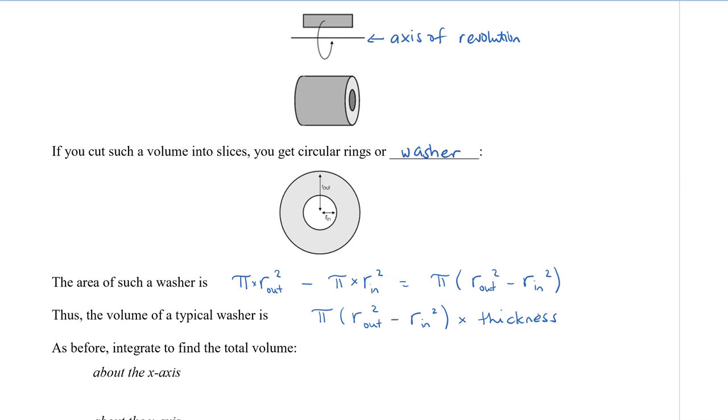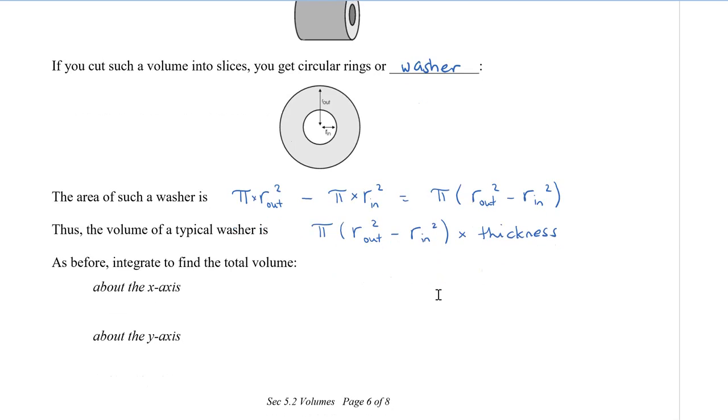Then, as before, we're going to integrate to find the total volume from the left to the right or from the bottom to the top. So if it's about the x-axis, we would say that the volume is equal to the integral from a to b of pi times f of x squared, assuming this is the outer ring, minus the radius, which we'll call g of x, the radius of the inner ring, squared, and then dx.